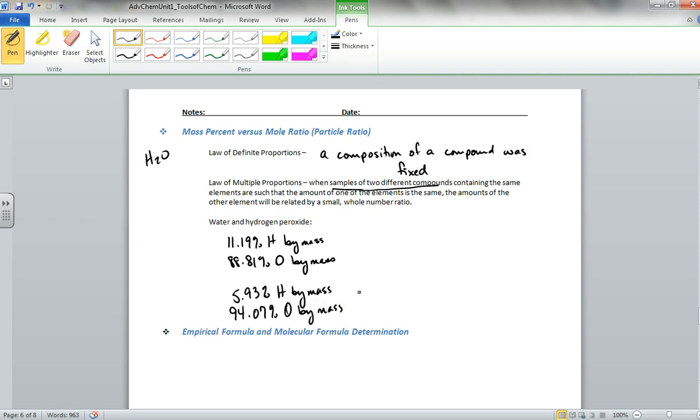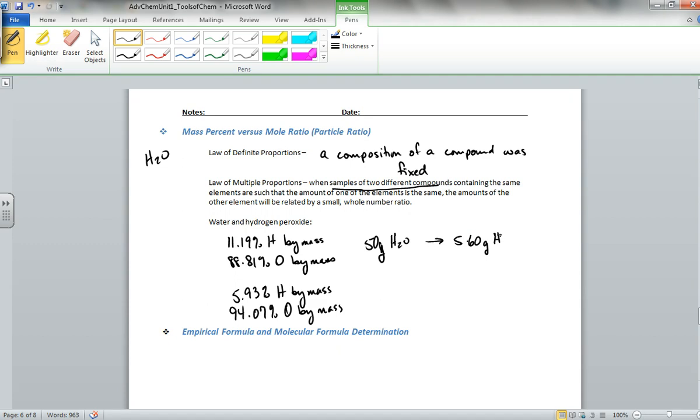So here's what I mean. Let's say that we have a 50-gram sample of H2O. If we were to take 11.19% of 50, we find out that we have approximately 5.60 grams of hydrogen in our water.